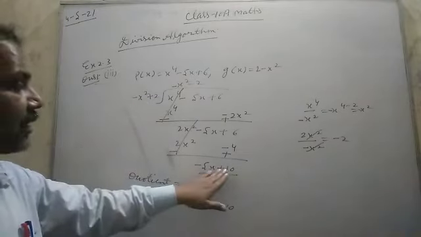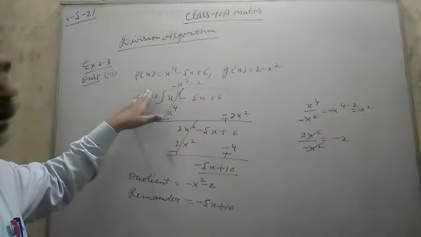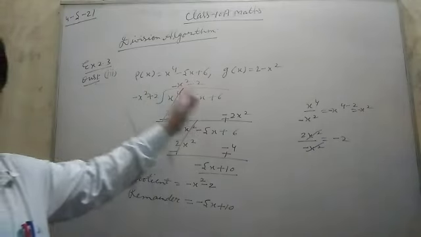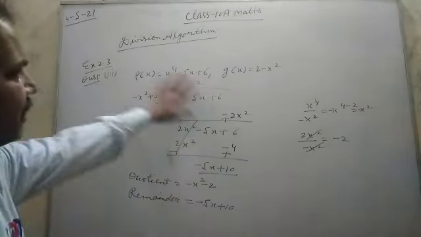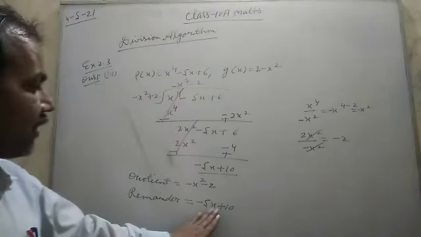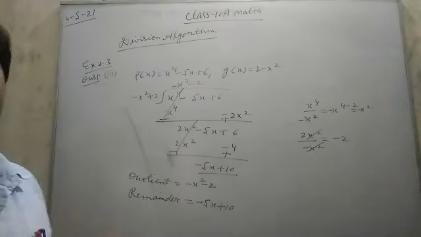Clear? But if the remainder is not 0, then the divisor is not a factor of the second polynomial. Remaining things same. Okay. Means when the remainder becomes 0, then it is a factor. If it does not become 0, it will not be a factor.